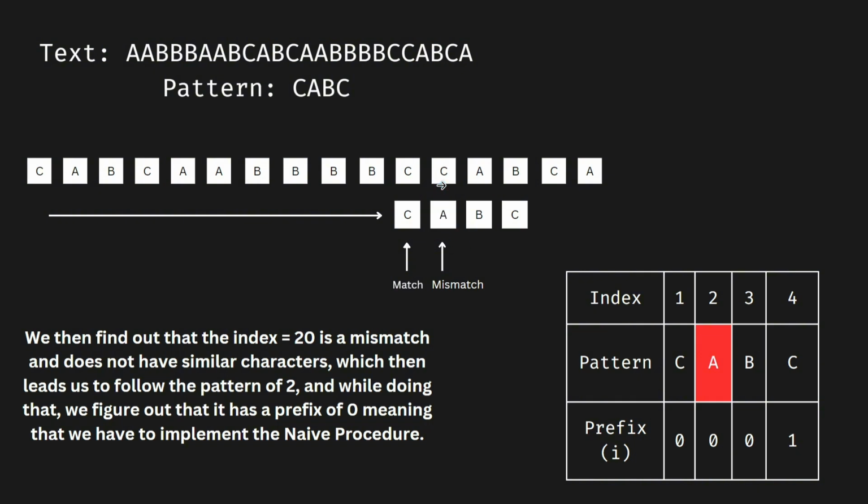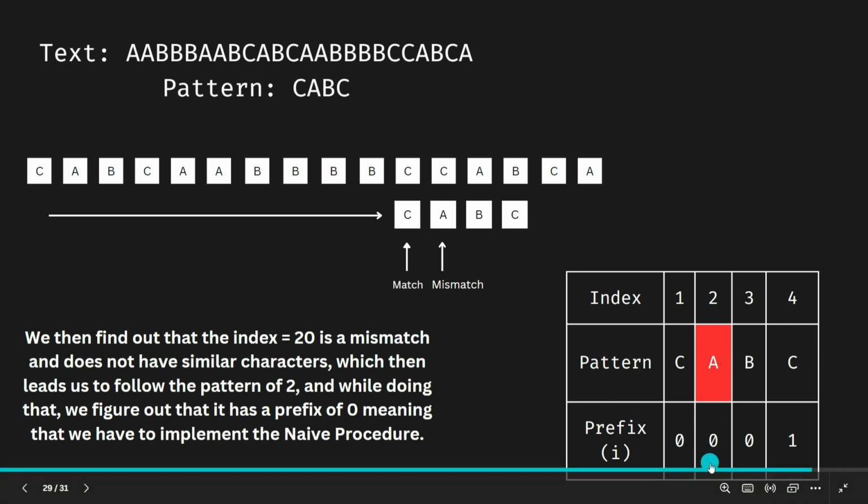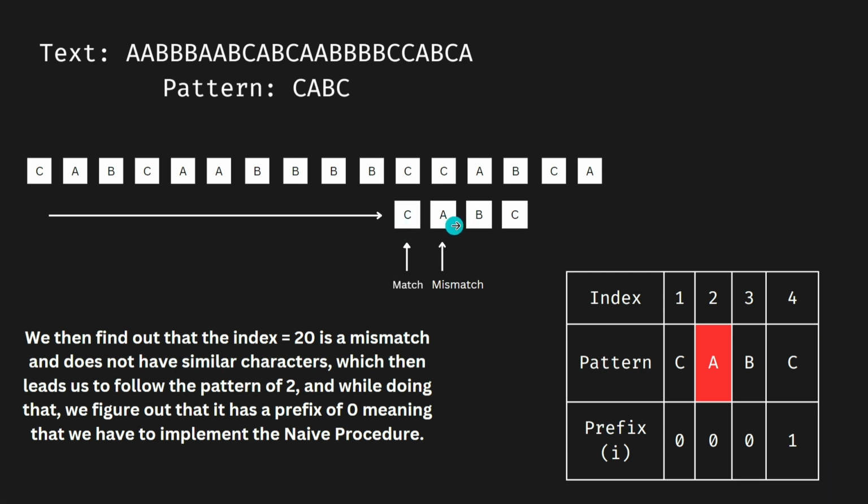That leads us to follow pattern 2, this part here. While doing that, we find that it has a prefix of 0. So we need to implement the naive procedure once again, meaning we just have to switch the positions again. We need to go to the next one.